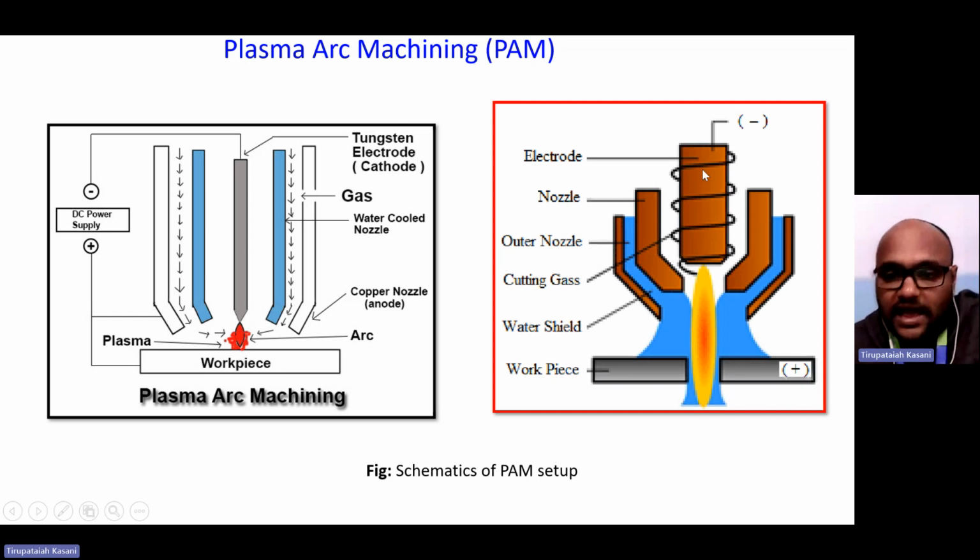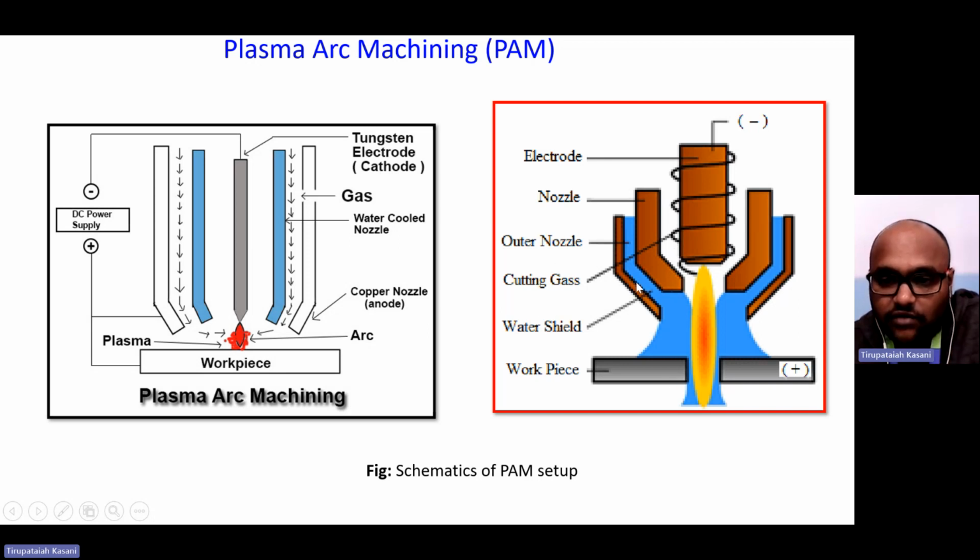See here, this is the electrode, that means tungsten. This is the negative and the workpiece is the positive. Whenever I supply the power, there is a potential difference between the workpiece and the tungsten electrode.